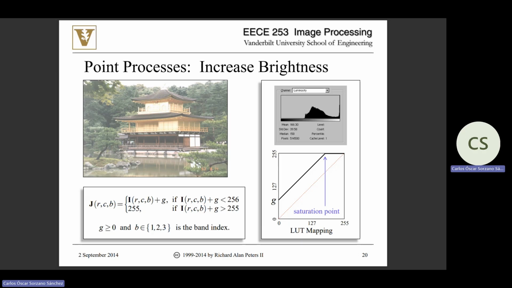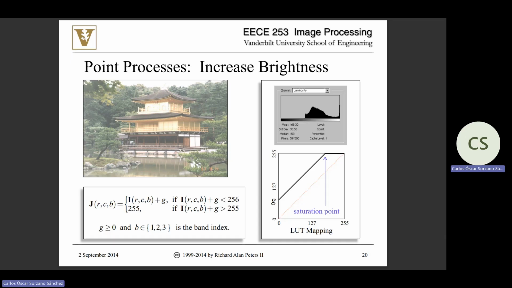So this fact is called overflow. If you take 250 and you add 60, then you overflow in 8 bits. So you have to saturate, or you have to do something, and the typical thing in images is saturating.